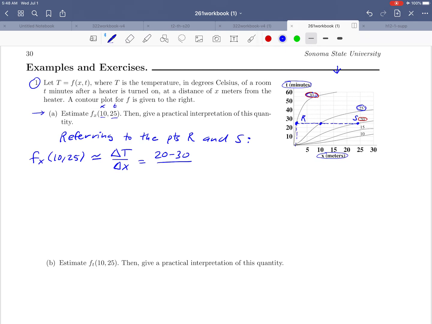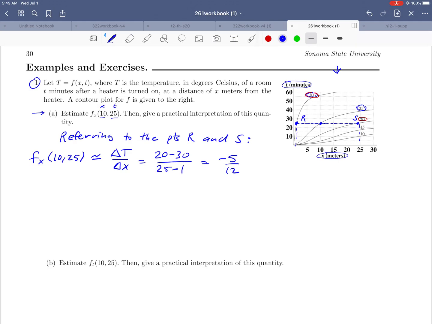That's my best estimate. And what about at S? There we're getting an x value of maybe about 25 if we round. So 25 minus 1, let's say. Do the arithmetic, and we're going to get negative 5 over 12. There's the numerical value of our estimate of the derivative.